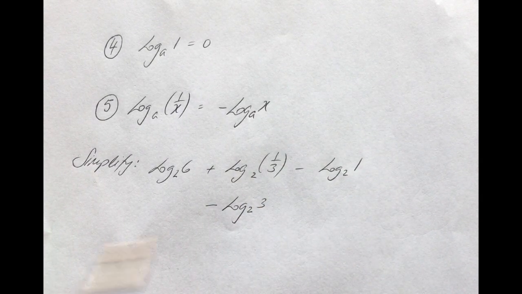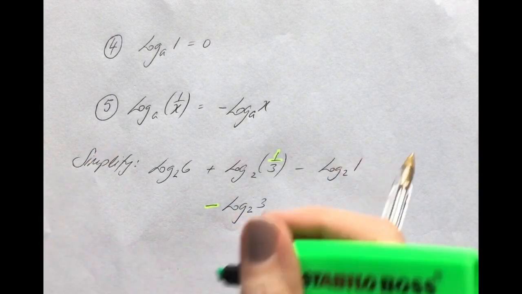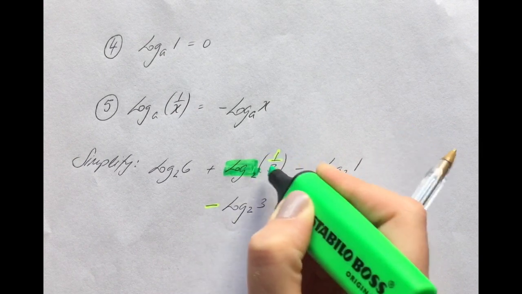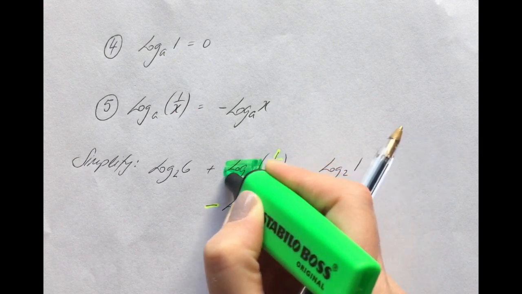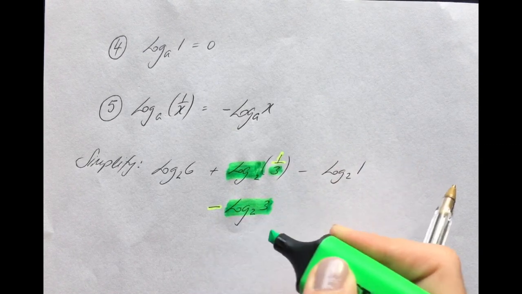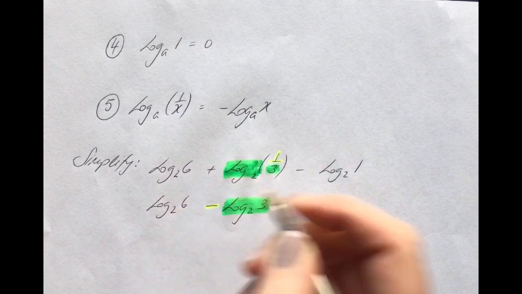Remember, the 1 over literally is the minus, and then what do you have left? You have log in the base 2 of 3. Okay, so in other words, log 3 in the base 2 is left. Do you see the way that works? So I have log 6 in the base 2 here.